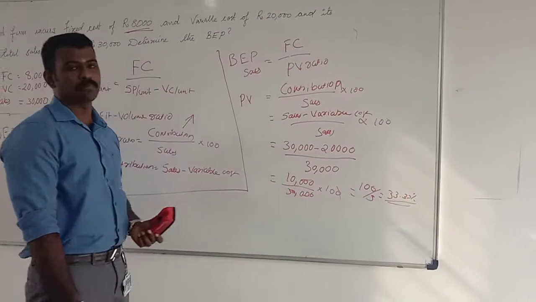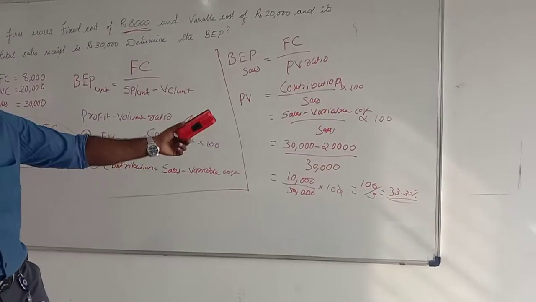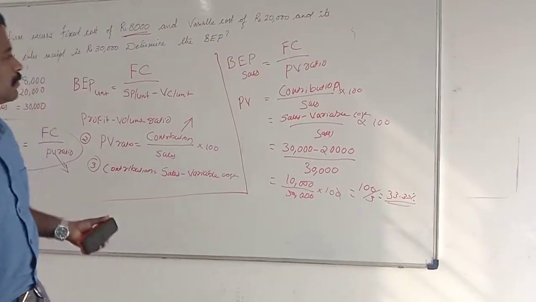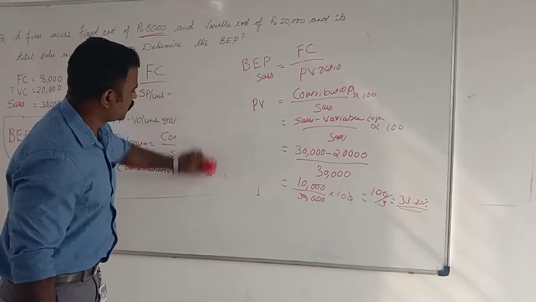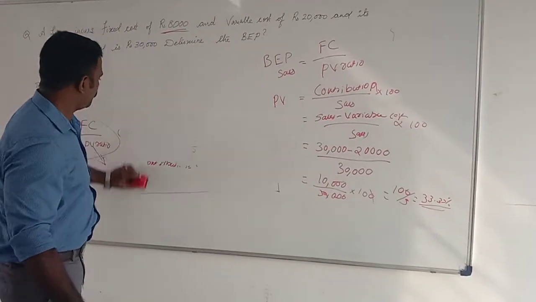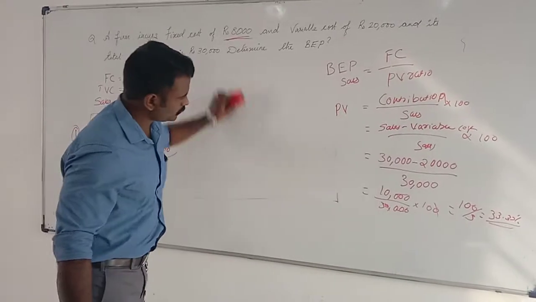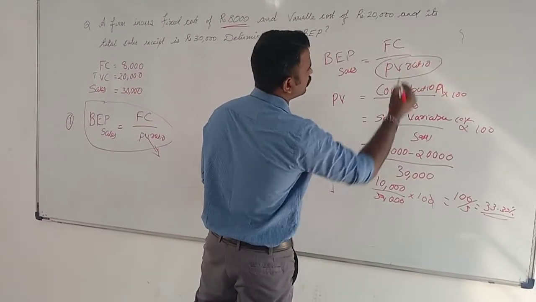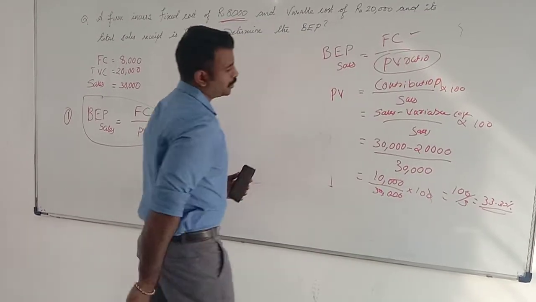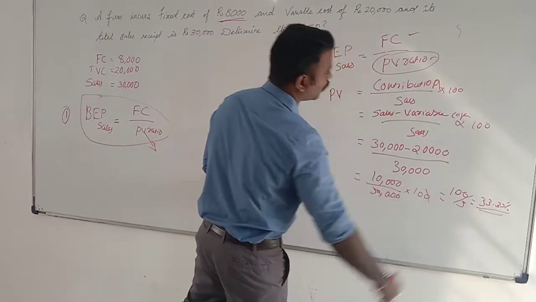Percentage is important. So PV ratio we got is 33.33 percentage. So we found out the PV ratio, and the fixed cost is already in the question.